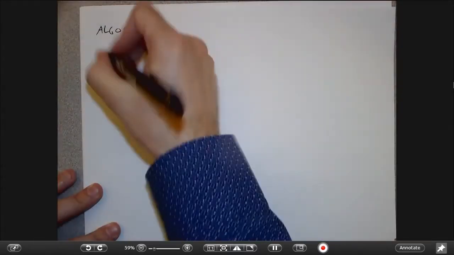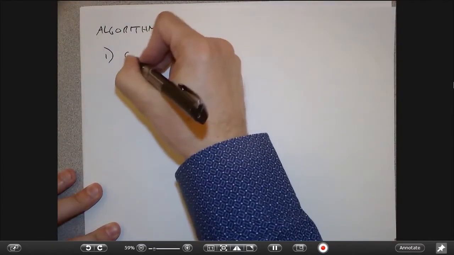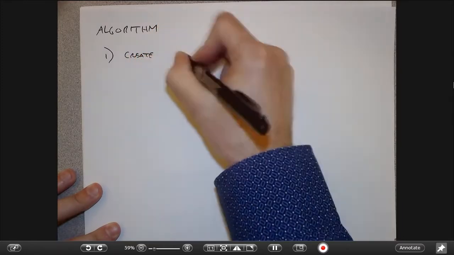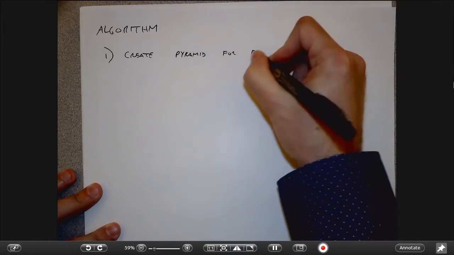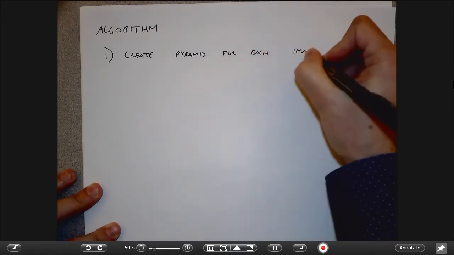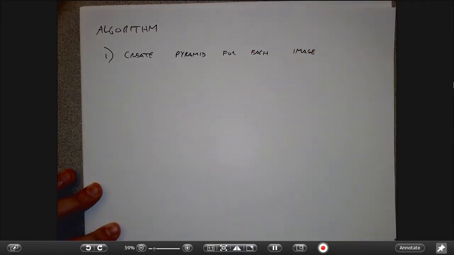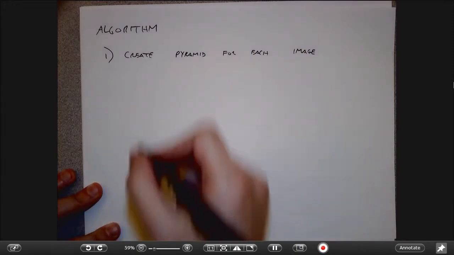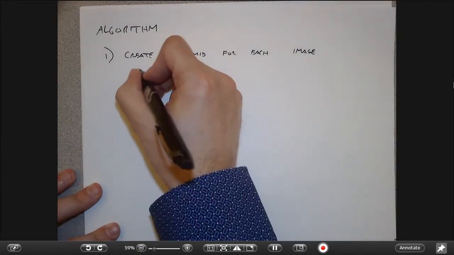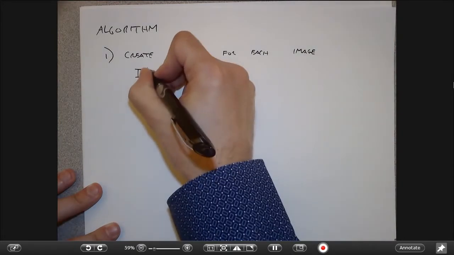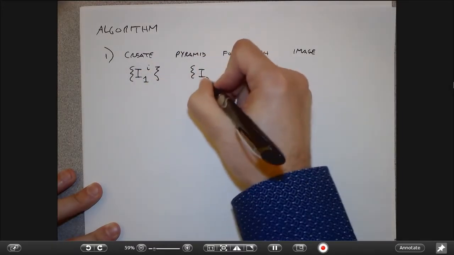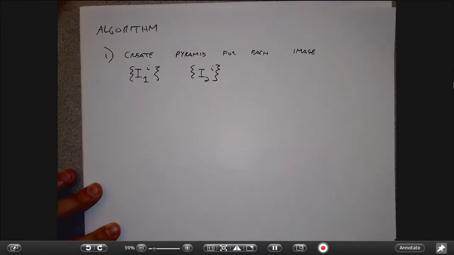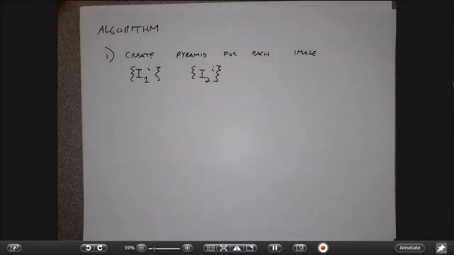So basically, the idea is, create a pyramid for each image. And so let's call these pyramids I1 sub i and I2 sub i, where i indexes the level of the pyramid.